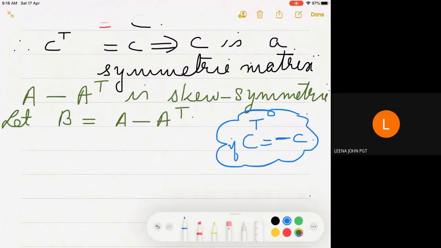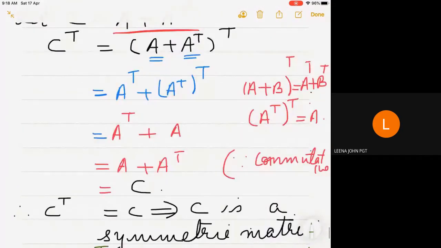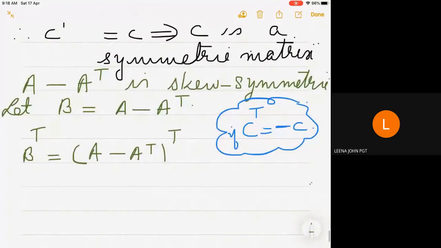That means we are taking B transpose, which is the transpose of A minus A transpose. As we have learned earlier, the property of transpose, A minus B whole transpose becomes A transpose minus B transpose. So applying the property on each term, you get A transpose minus A transpose whole transpose.